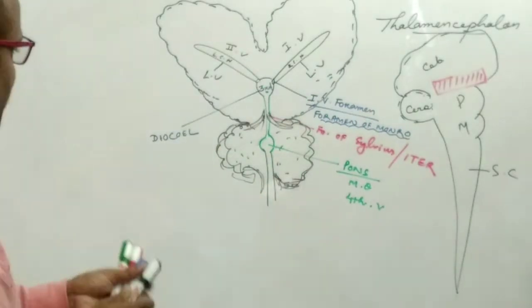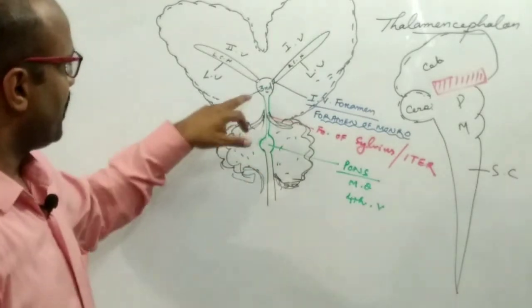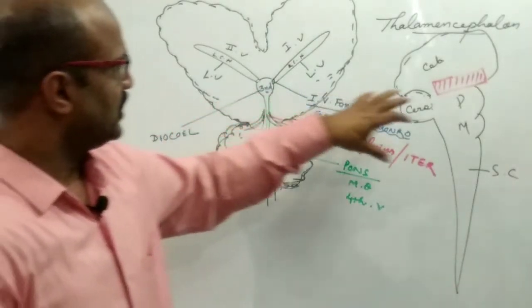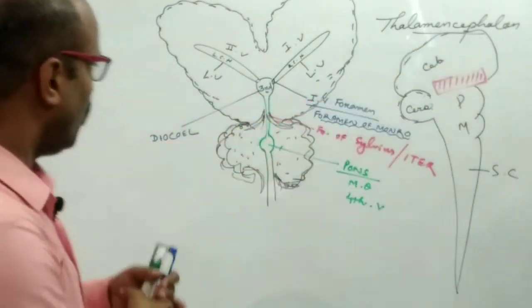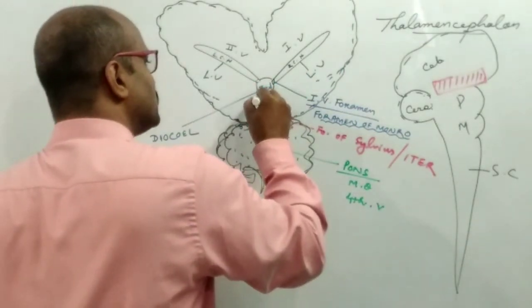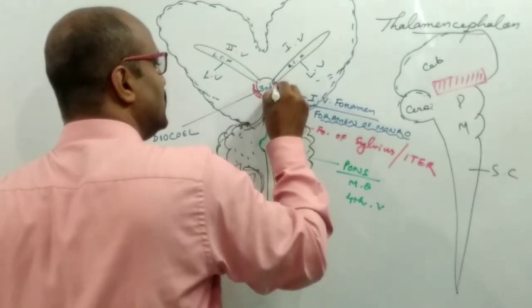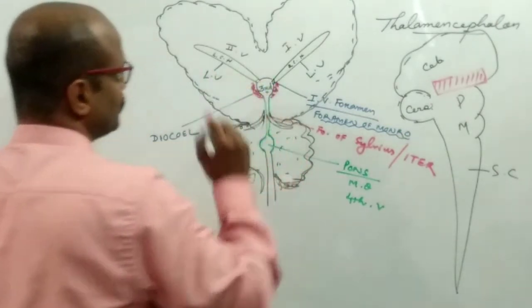So the third ventricle, or the diocele, forms the thalamencephalon or diencephalon, which is present around the third ventricle. So this portion is the diencephalon.